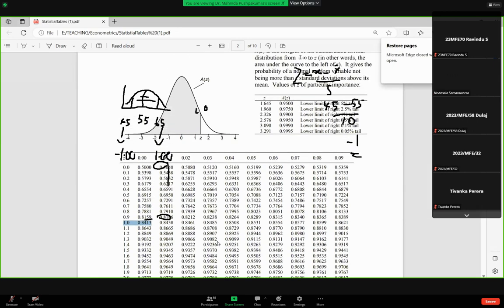In this table, the probability is given for, let's say here 1, the highlighted area.